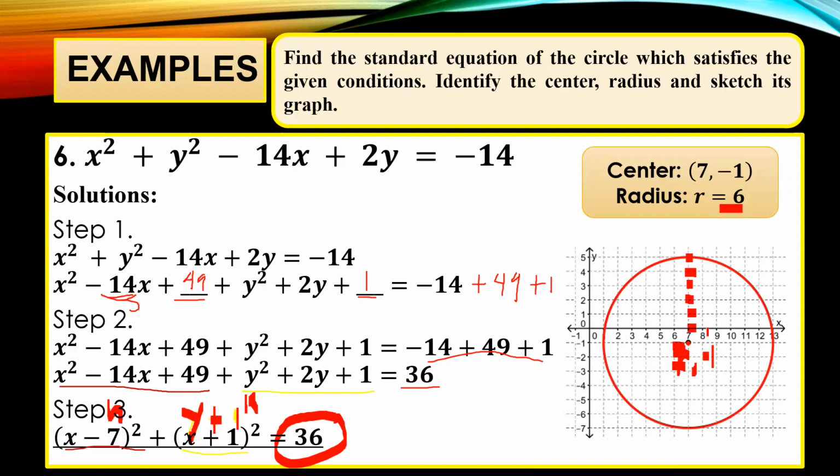So the distance is 6. Then we have also 1, 2, 3, 4, 5, 6. So the distance from the circle is 6. Therefore, the radius is 6. So this is the graph of the given equation x squared plus y squared minus 14x plus 2y is equal to negative 14.